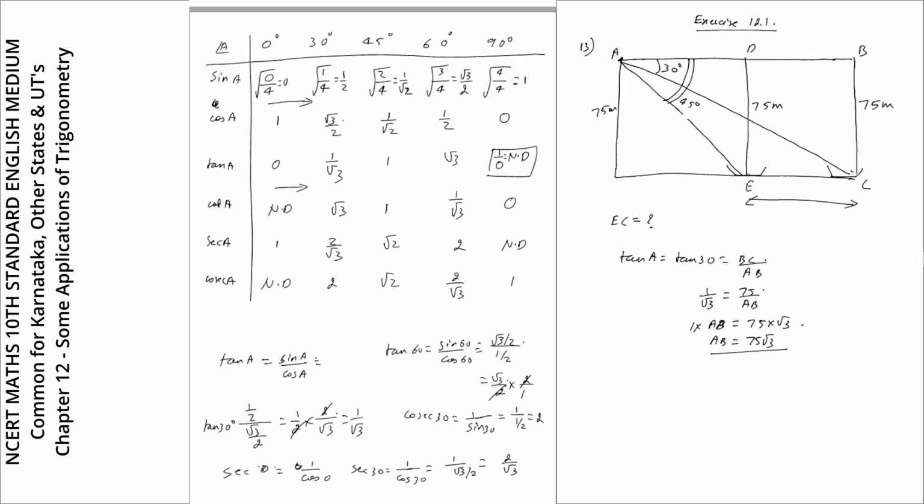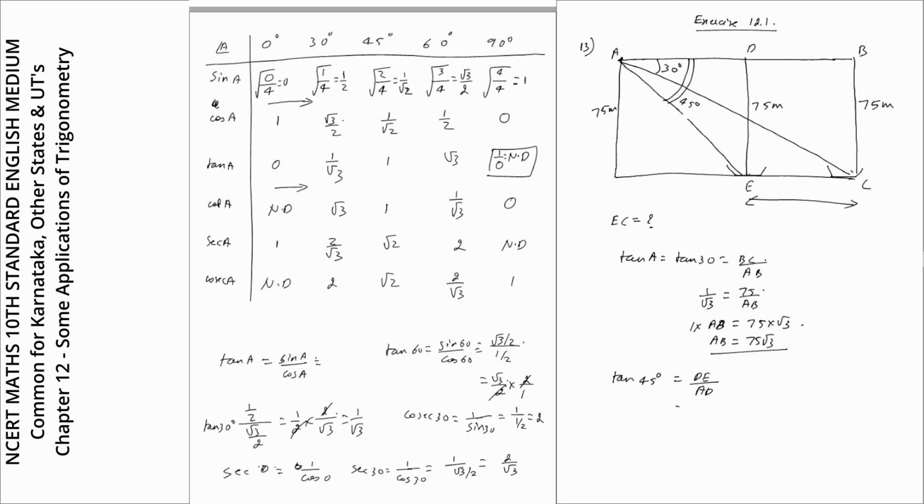Now what is tan of 45 degree? Tan of 45 degree with respect to angle A is opposite by adjacent. The opposite is DE, and the adjacent side is AD.